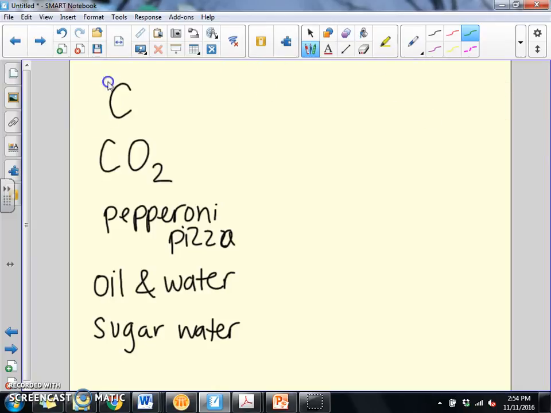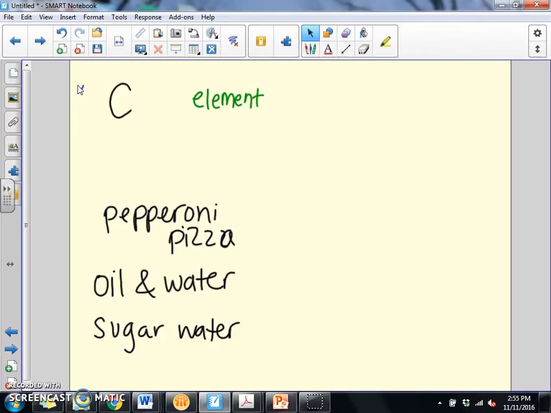If I look at carbon, C, it's all by itself, only one capital letter. It is on the periodic table, so this would be an element. CO2 is actually a bad example because we already did that one. Let's choose something different here. NH3. I have two capital letters. The presence of two capital letters tells me that I have two elements that have been bonded together. And that is the very definition of a compound.